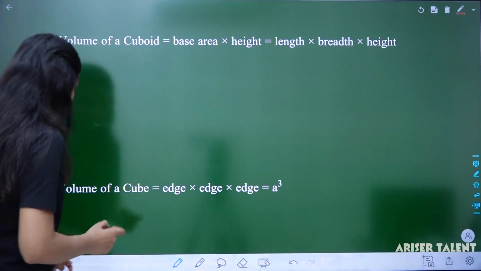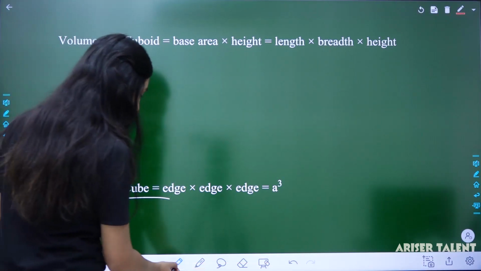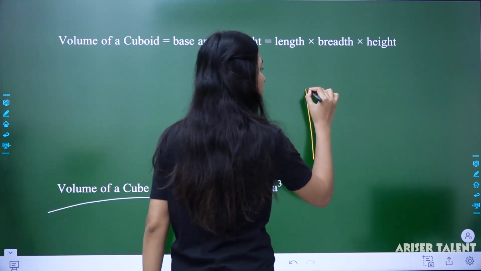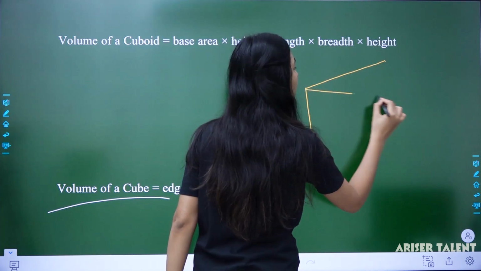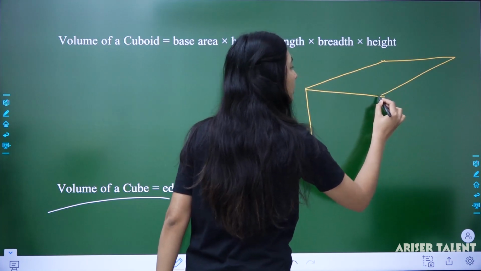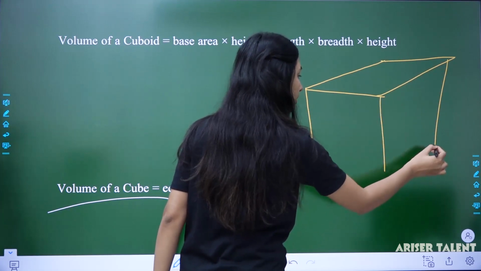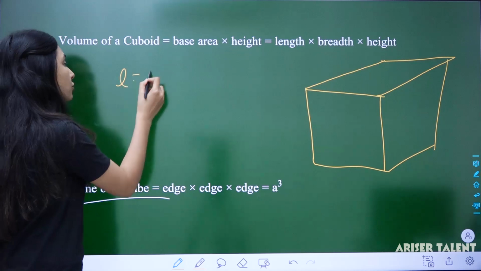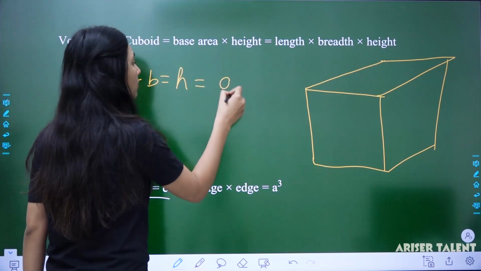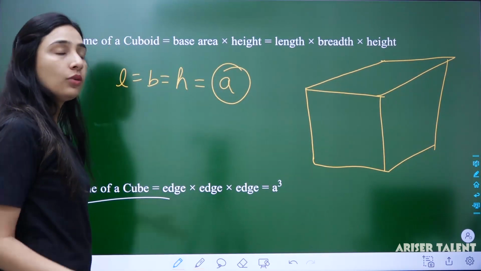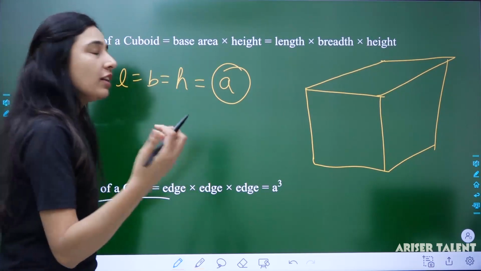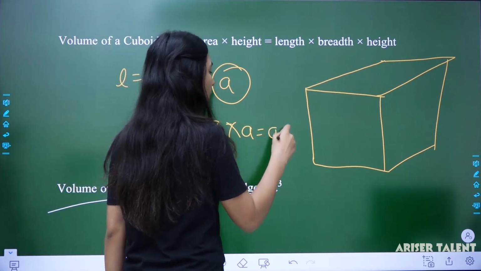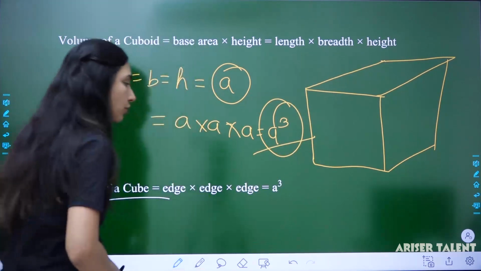Now, if we talk about cuboid, let's also talk about cube. This will be the cube, where each dimension, that is L equals B equals H, is equal to, let's suppose, A. Now just put the values of L, B, H, these three values equal to A. So A multiplied by A multiplied by A. So without any controversy, it is A cube.